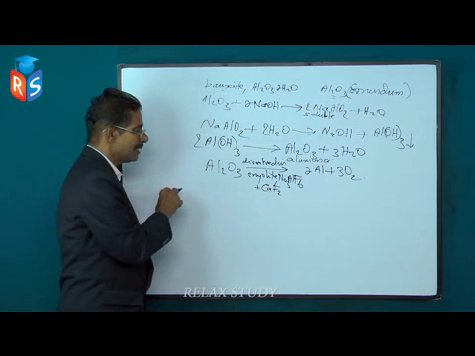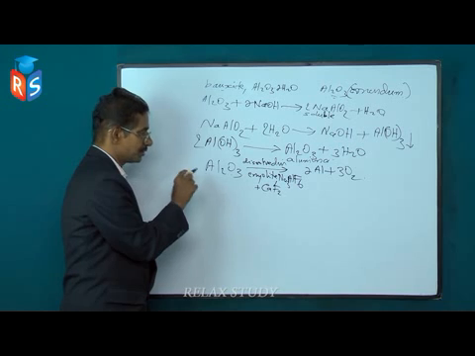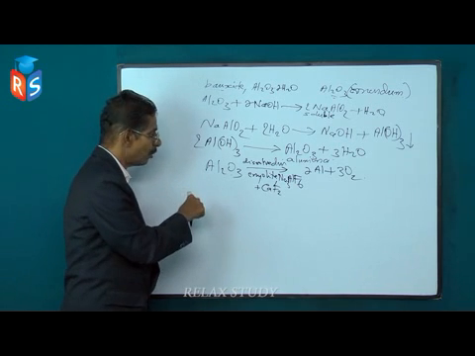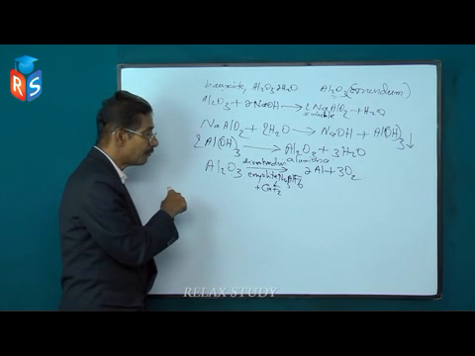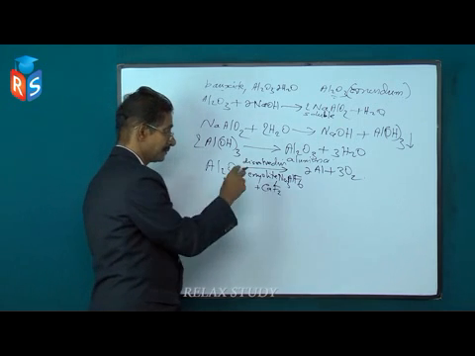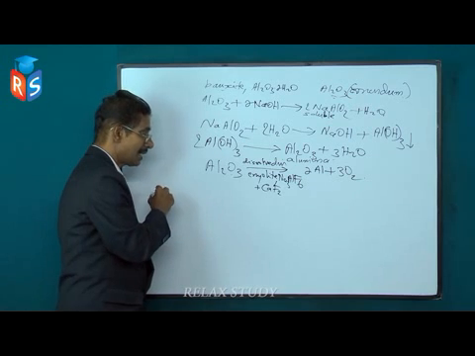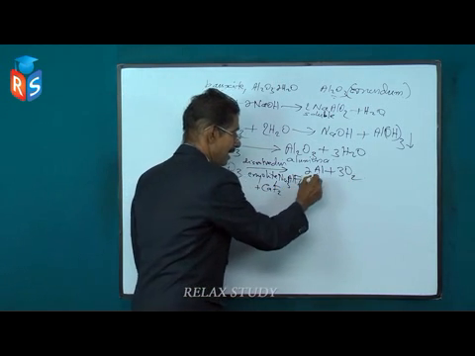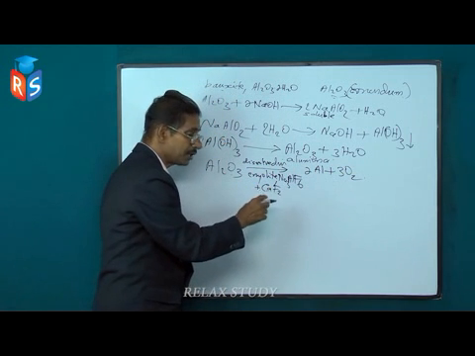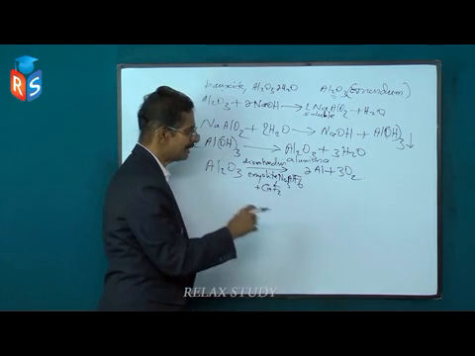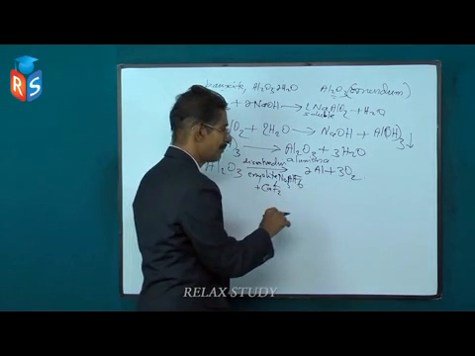The anodes introduced into this molten mass are very thick blocks of carbon. During the electrolysis, the oxygen goes to the anode, and aluminum settles down as molten aluminum at the bottom of the vessel, and that can be tapped out.